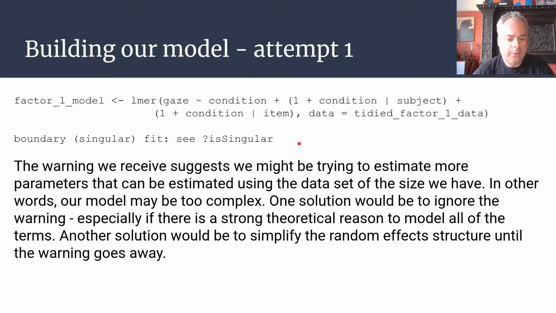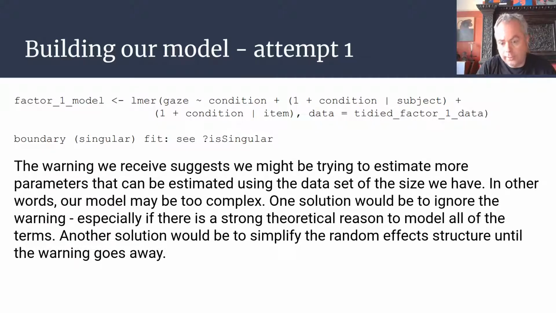What this tells us is that the model we're trying to build, in terms of the number of parameters we're trying to estimate, is probably more complex than our data set will allow us to build. In other words, the model we're trying to build is probably too complex relative to the richness of our data set.